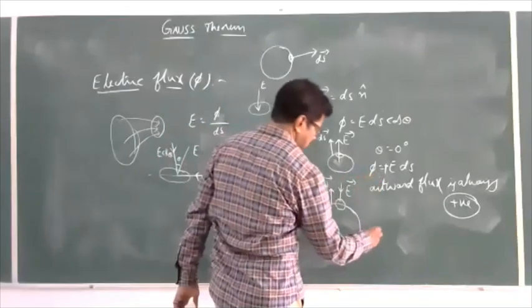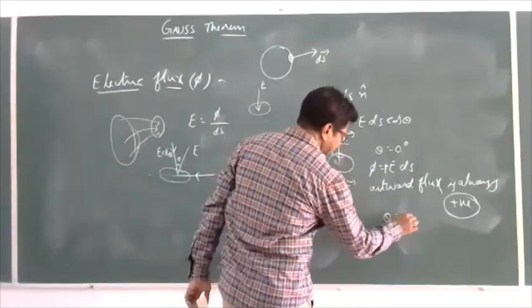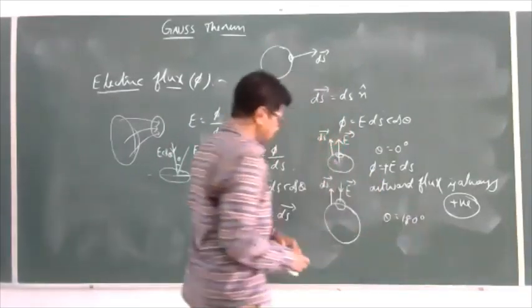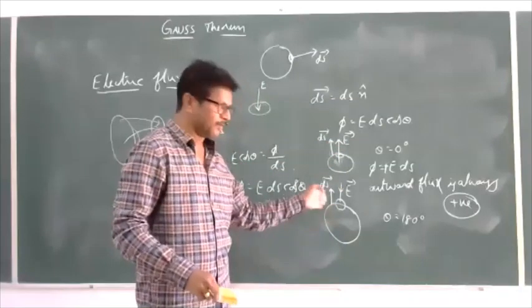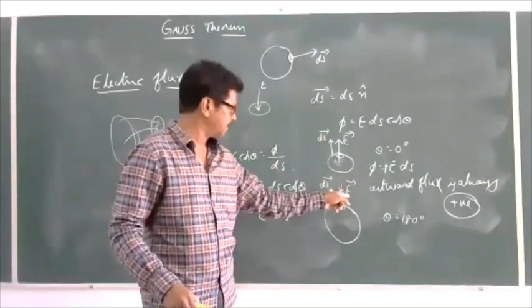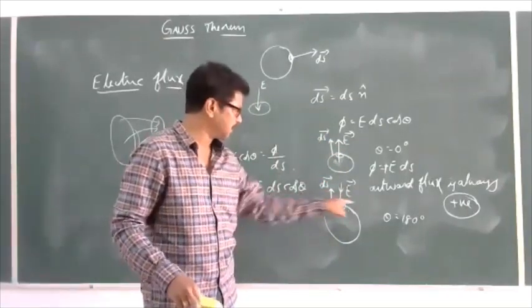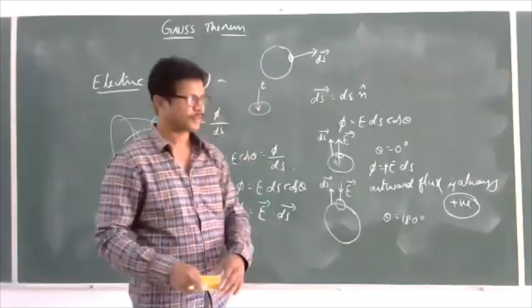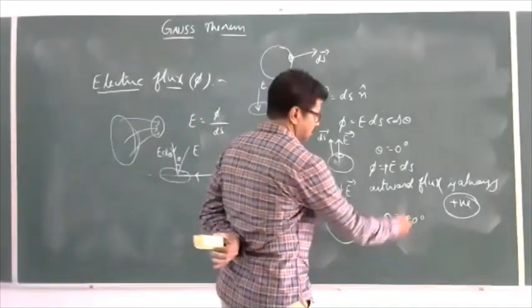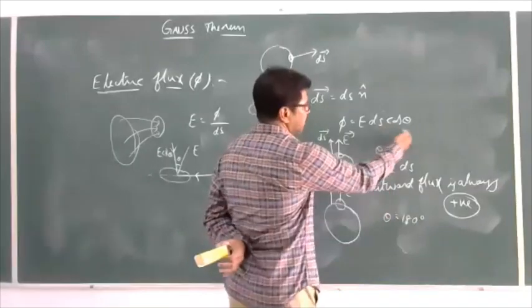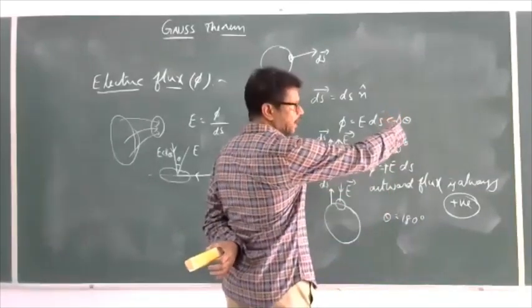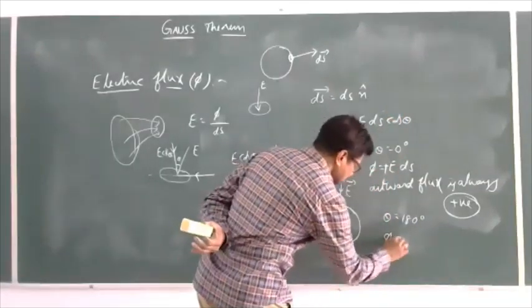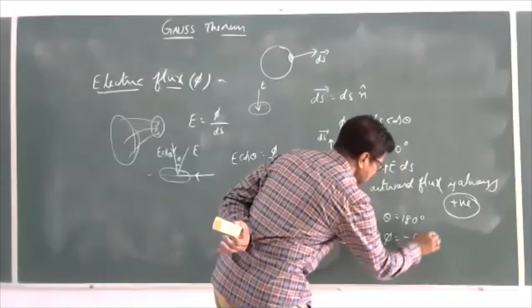The angle between these two is 180 degrees, because one is inwards and one is outwards. The angle between the electric field vector and the areal vector is 180 degrees. If theta is equal to 180, cos 180 is equal to -1, then the flux is equal to minus E into ds.